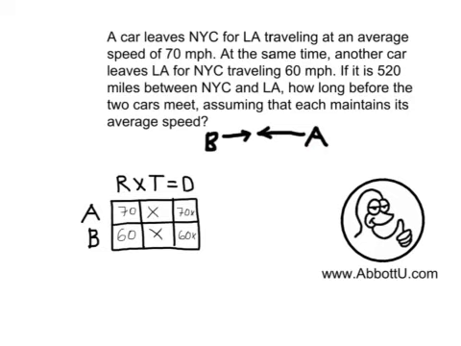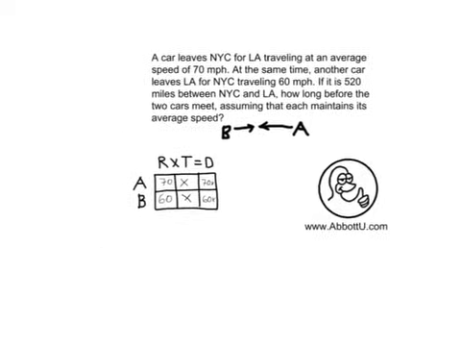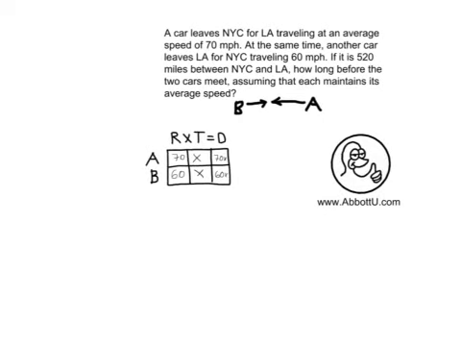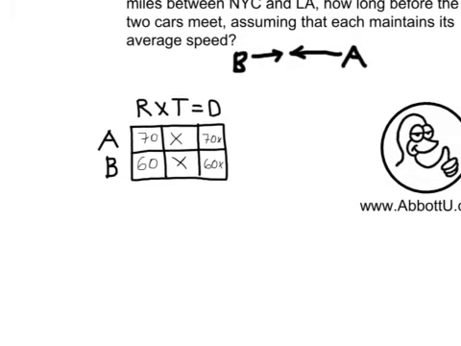How does that translate algebraically? Well, the distance that car A traveled plus the distance that car B traveled is going to equal 520 miles. So already that gives us a glimpse into the algebra equation that we need to write in order to solve for x, because our ultimate goal is to simply solve for x. We've set it up that way.